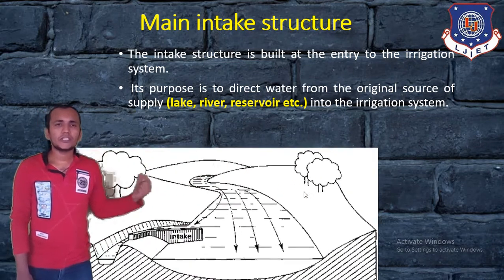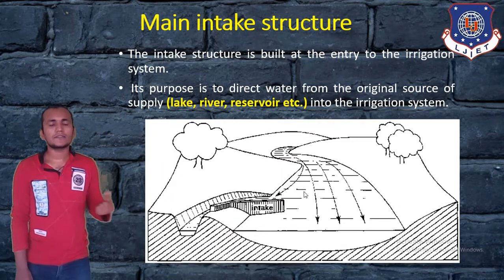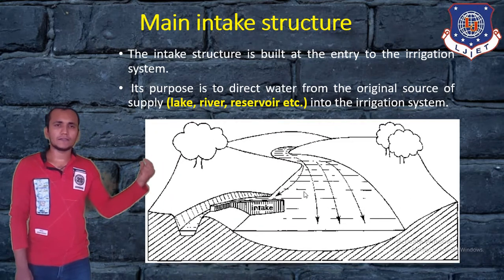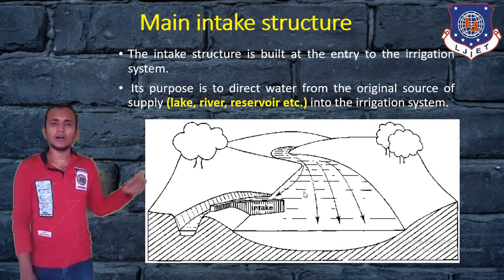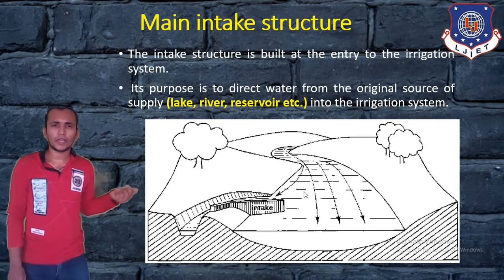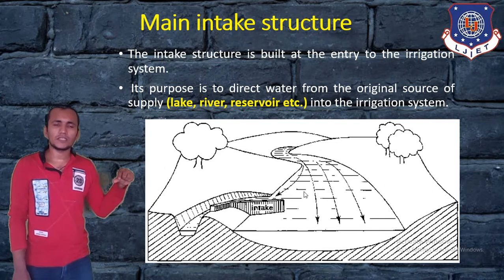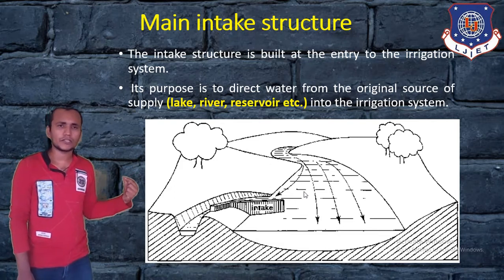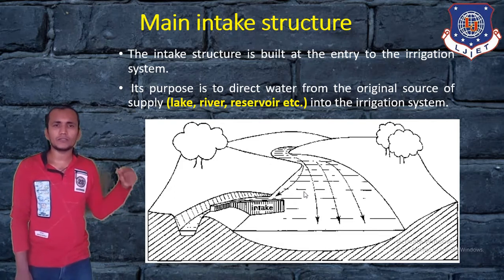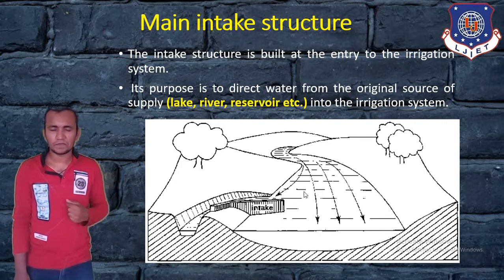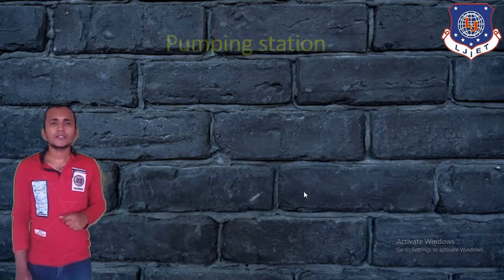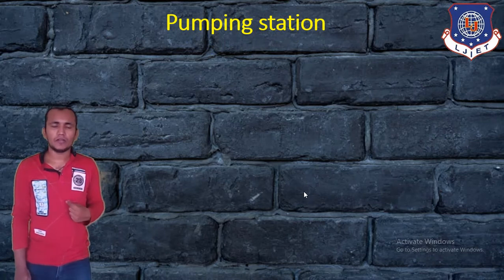If we see the picture for the main intake structure, it looks like this. You can see there is a river in a village. From this river we can take water into a storage tank like a reservoir. So that is the main intake structure. Now the next is the pumping station.